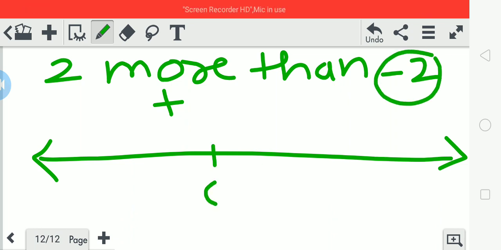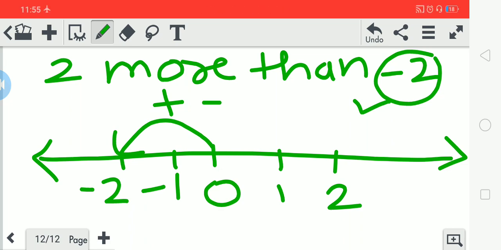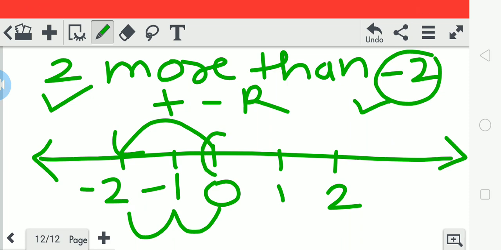So draw the number line till minus 2, minus 1, minus 2, this side 1, 2. Okay. Now second number is minus 2. So take a jump from 0 to minus 2. More means plus. Plus means right side move you have to take. How many moves? 2 moves. So right side 2 moves, 1, 2. So you will reach at the 0. So answer of this question is 0.